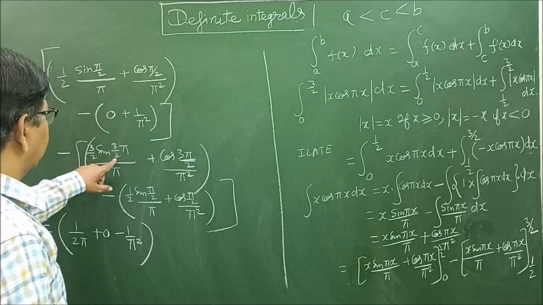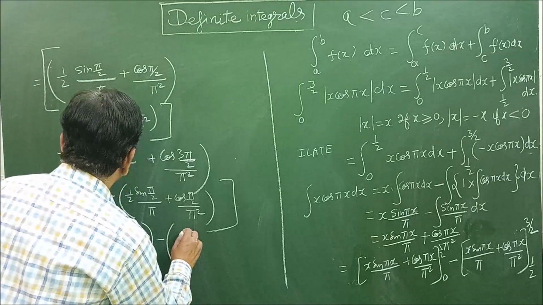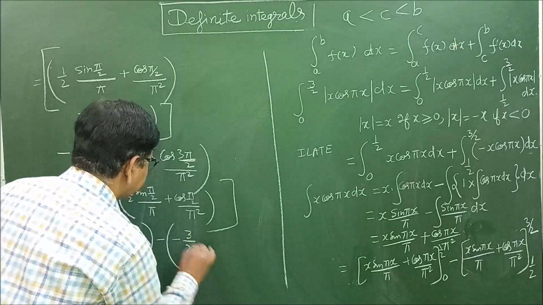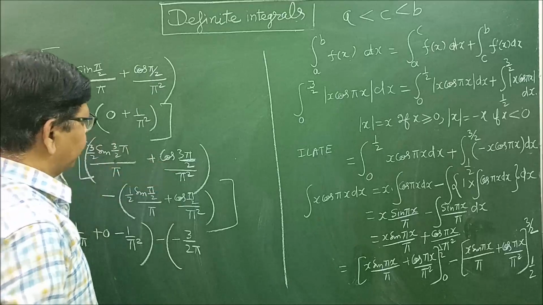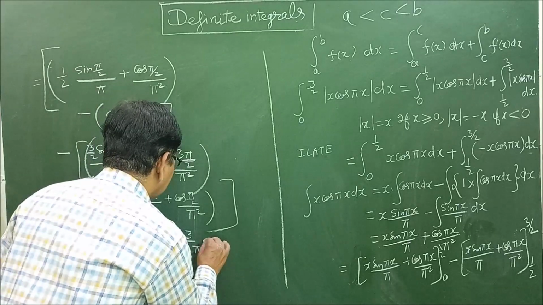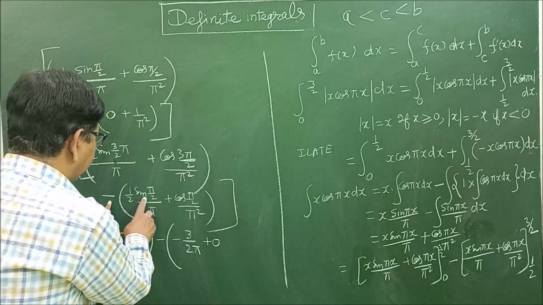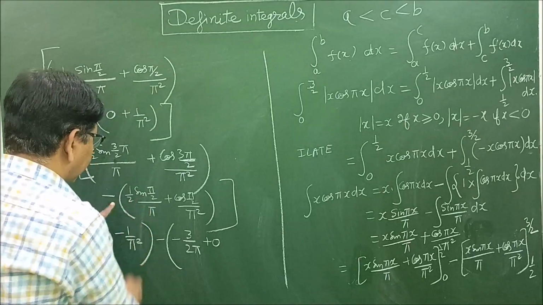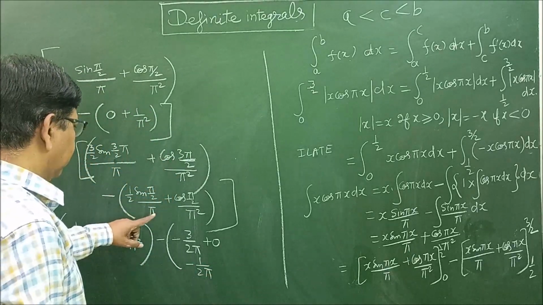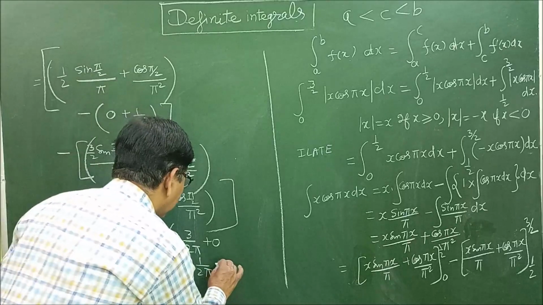Here sin 3 pi by 2 means minus 1, so minus 3 by 2 pi, cos 3 pi by 2 is equal to cos 270, which is 0, plus 0, then minus sin pi by 2 is 1 here, so 1 upon 2 pi, and cos pi by 2 is equal to 0, so this is 0.